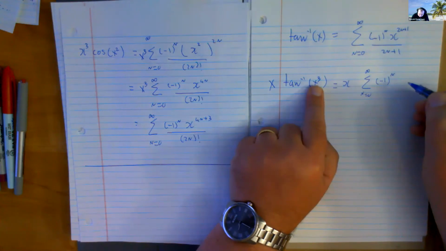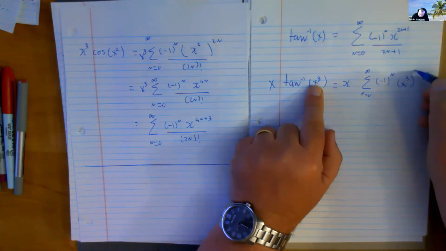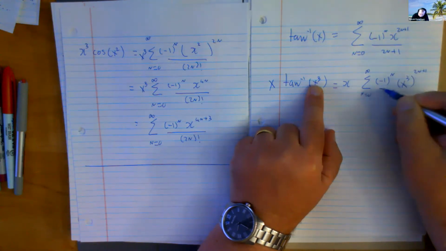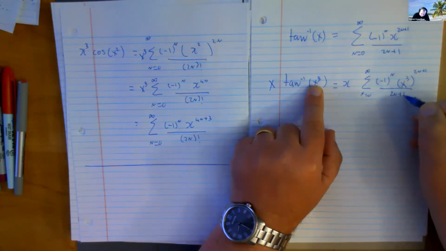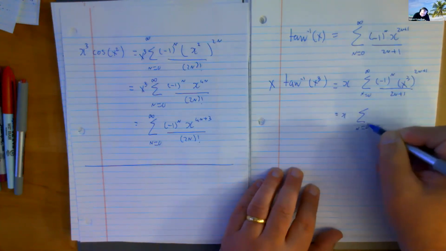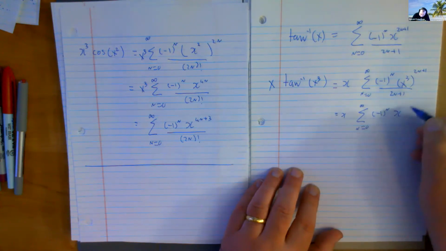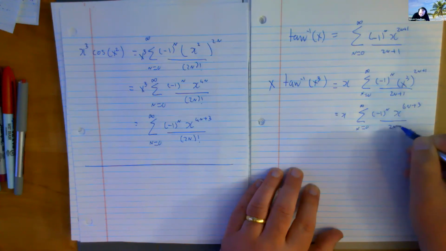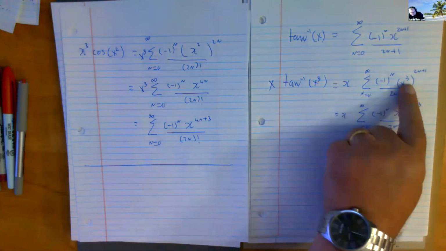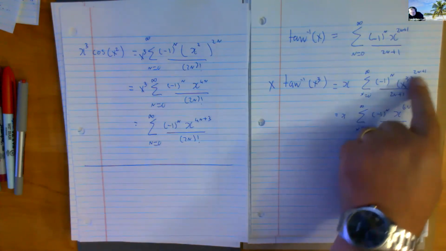Replace the x with x cubed. All I did there is multiply the power by 3, right? x cubed raised to the power of 2n plus 1, you multiply these.